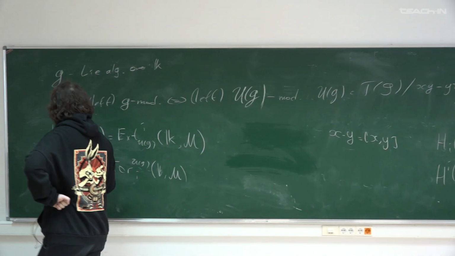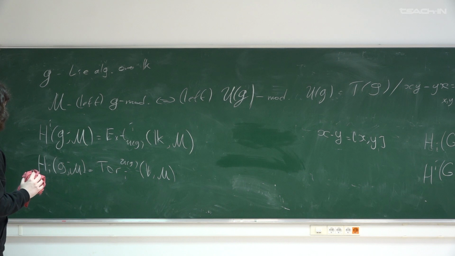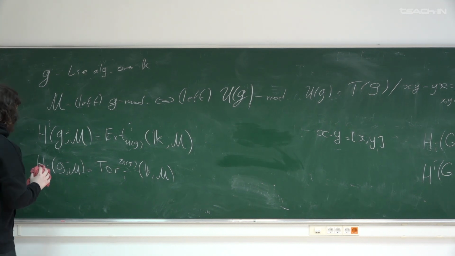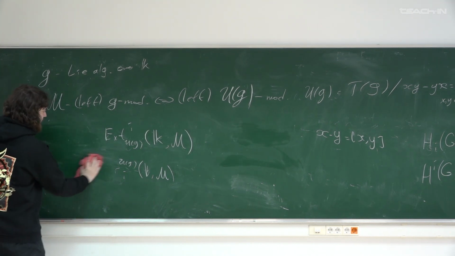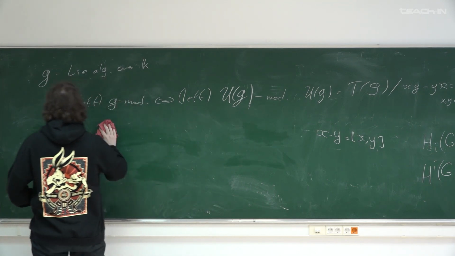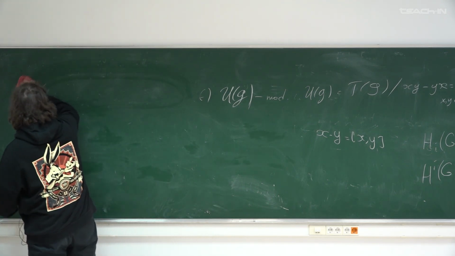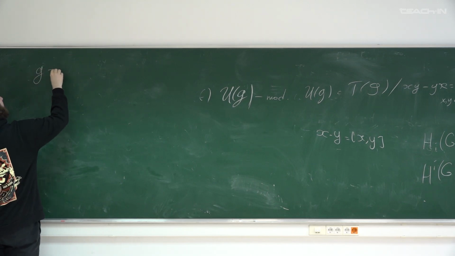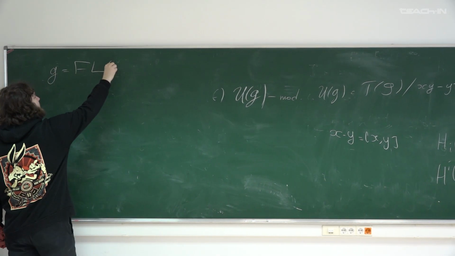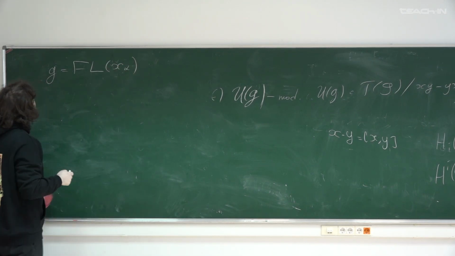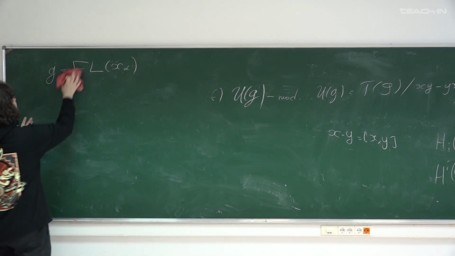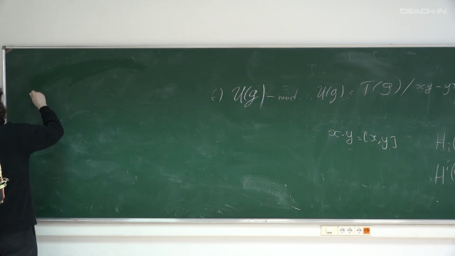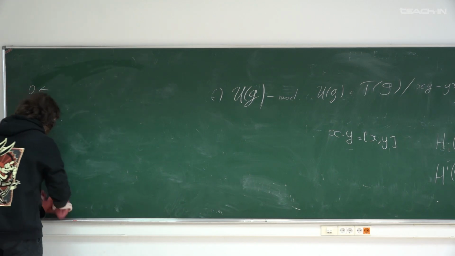Now here we have, of course, a similar story as for groups. For example, if G is a free Lie algebra with some set of generators, then in general we need to compute homologies.